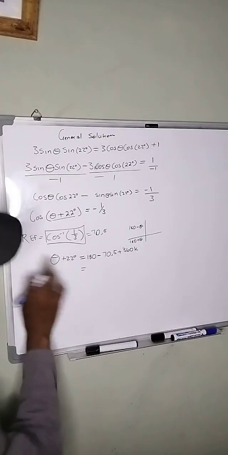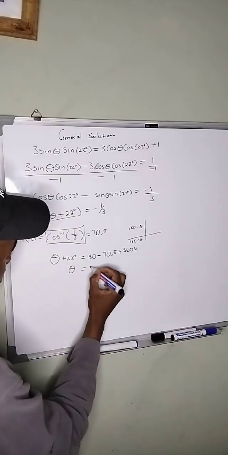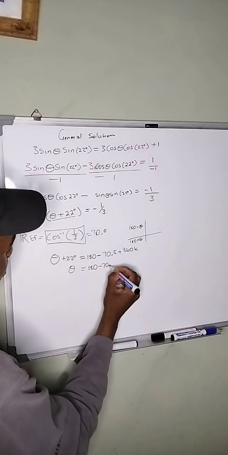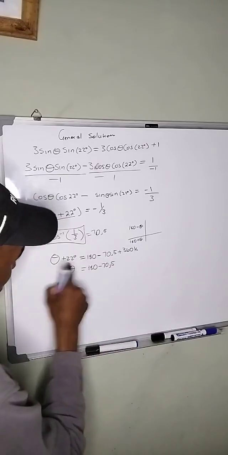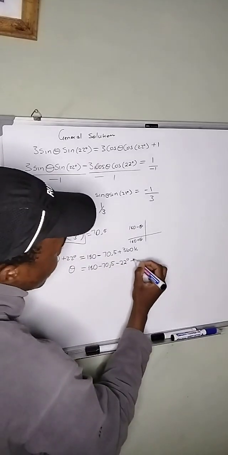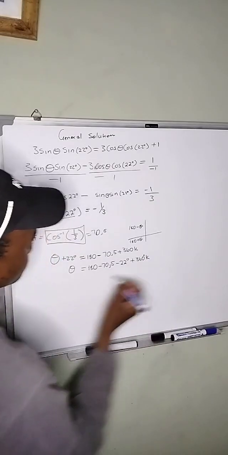I'm going to take this and put it to the other side, and I'm going to have theta equals 180 minus 70,5 minus 22 degrees plus 360 degrees K.